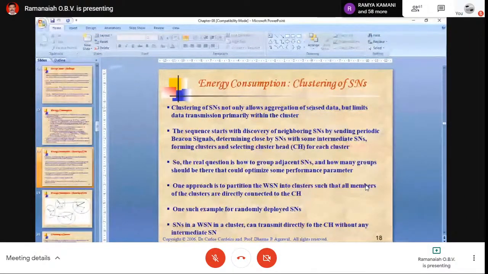You maintain so many such entities. So for energy consumption, the sensor network should be organized hierarchically, as a tree structure.